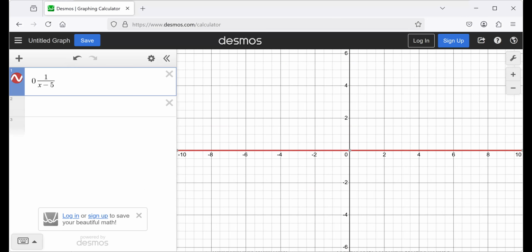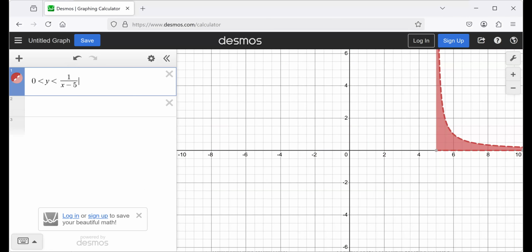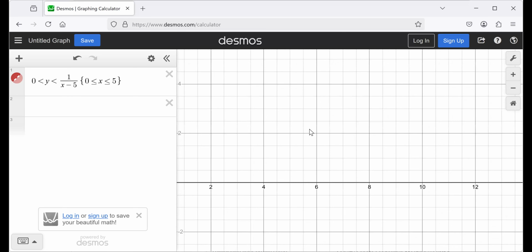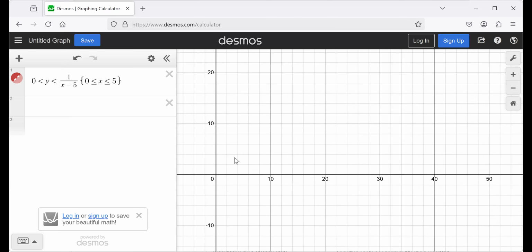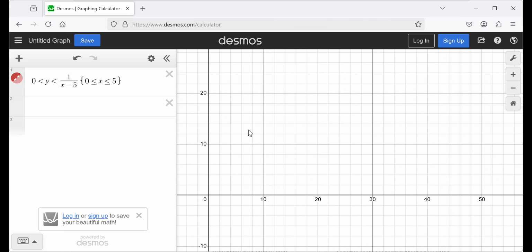We're looking at this area from 0 to 5. So something's wrong here, though. Let's see.